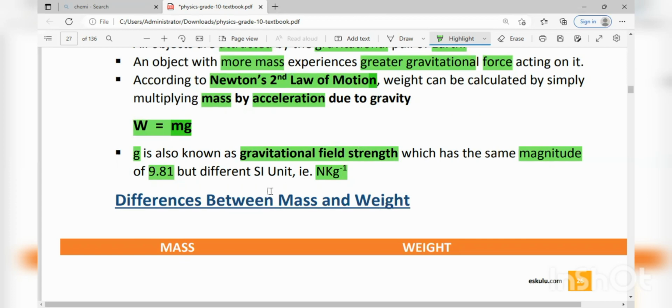Okay, so this is what we need to understand about mass and weight.